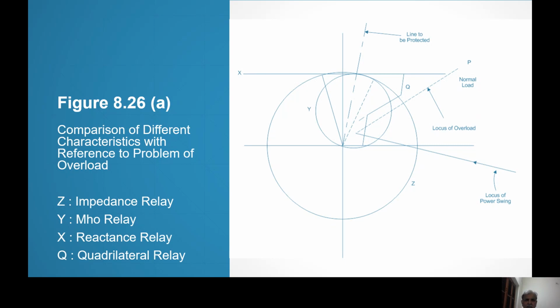So that is the advantage of this overload.